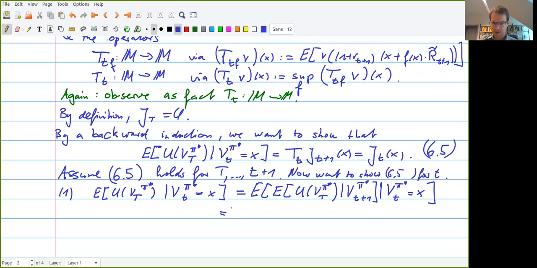But this is nice because what is this here? This is nothing else than J_{t+1} applied to the wealth generated by P star at time t plus 1, given, as before, that at time t we start trading with the capital X.